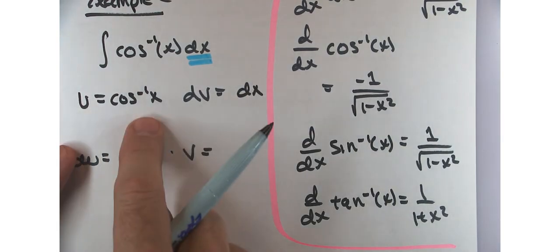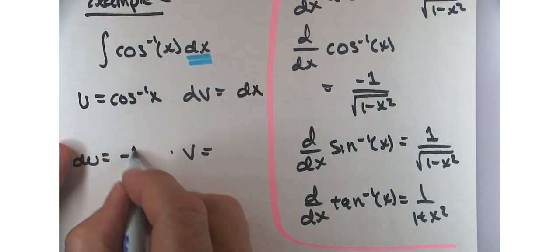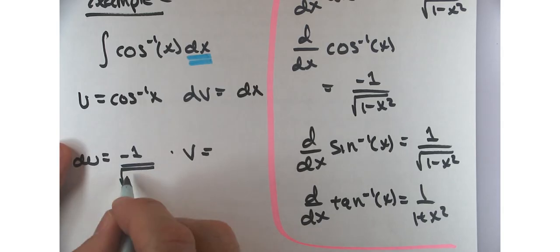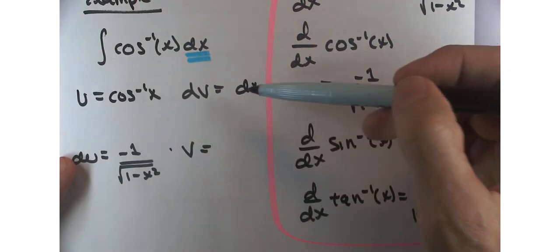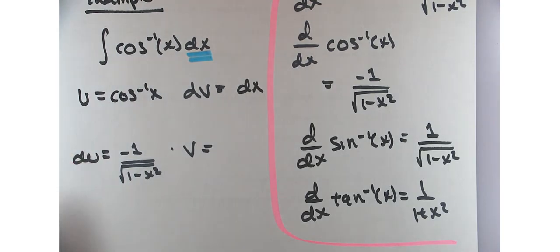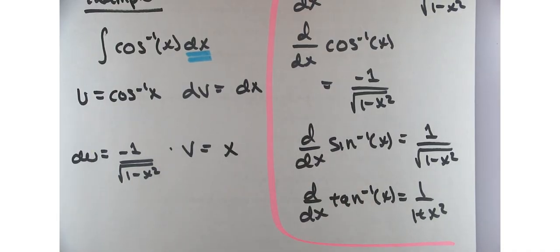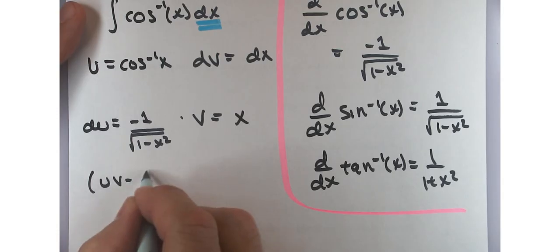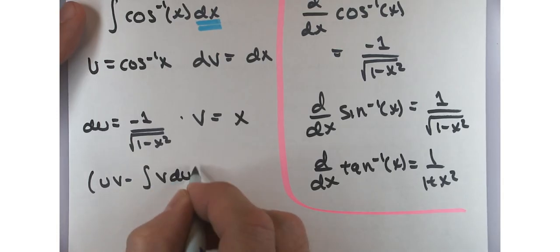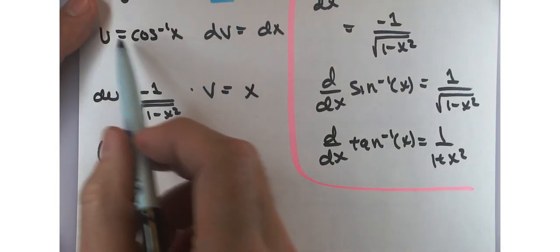So the derivative here is going to be negative 1 over the square root of 1 minus x squared. Here I need the antiderivative. Clyde, what's the antiderivative going to be there? X. Just x. Great. All right, so I've got everything I need. Let's put it in our formula. I want u times v minus the integral of v du. So it's going to be the product this way.